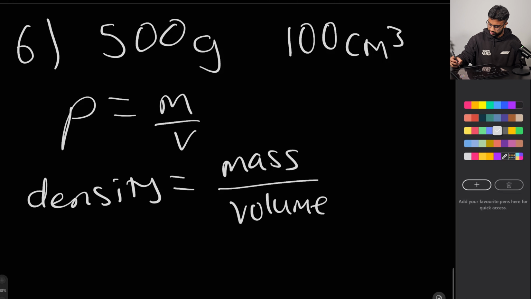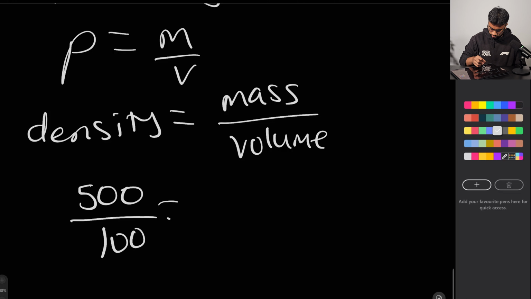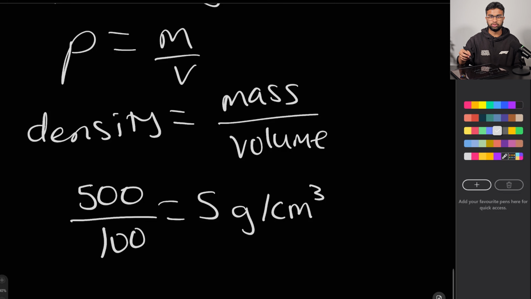And since we're looking for density and this formula already gives us what we want, we can just substitute in mass over volume. 500 over 100 equals 5, and we can leave that as grams per centimeter cubed. So our density would be 5 grams per centimeter cubed.